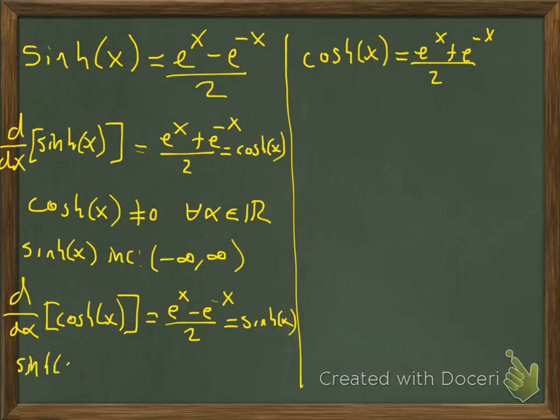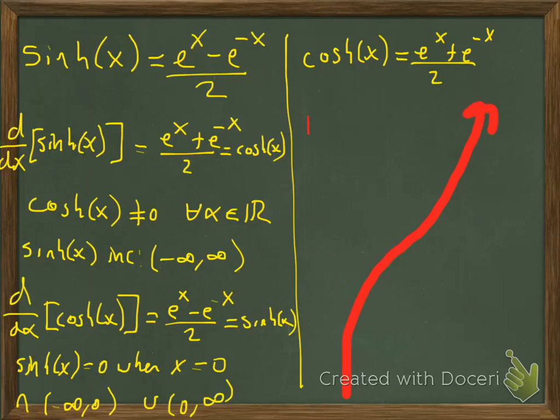Okay, so that is our concavity for the sinh. And what it kind of looks like, it looks a little like the cubic function, something along those lines. Point of inflection at 0.